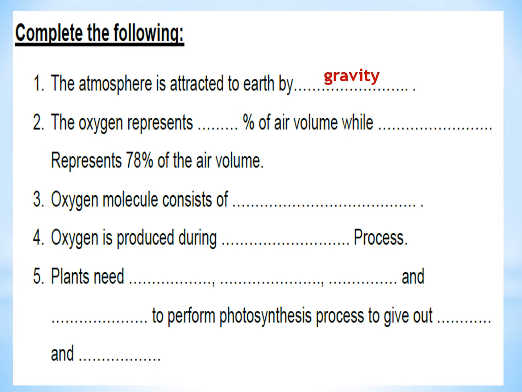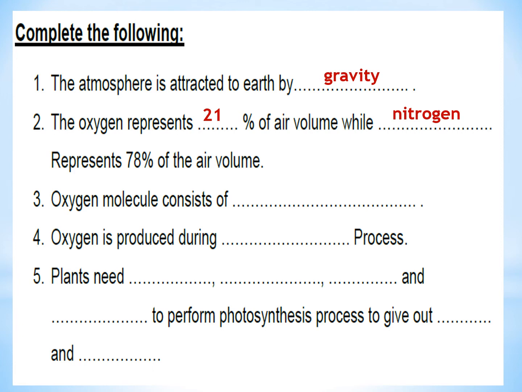Number 2. The oxygen represents space percent of the air volume, while space represents 78% of the air volume. The answer: the oxygen represents 21% of the air volume, while nitrogen represents 78% of the air volume.